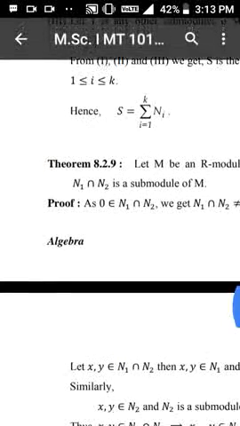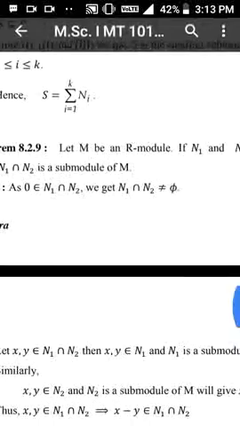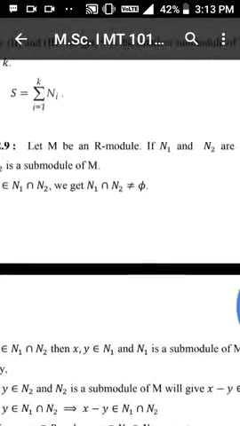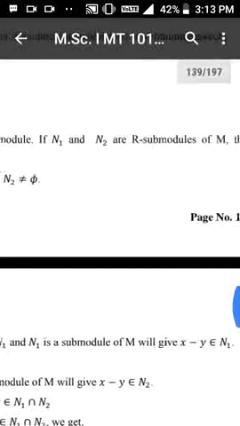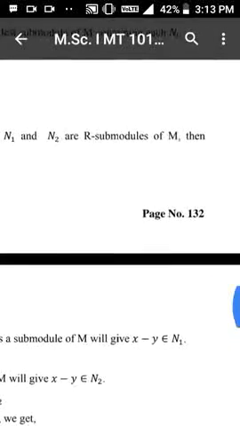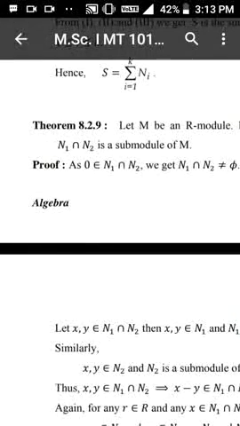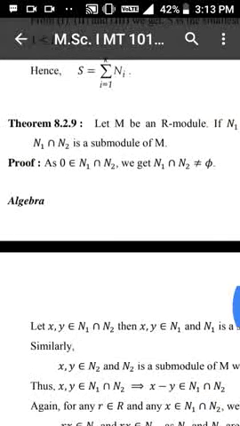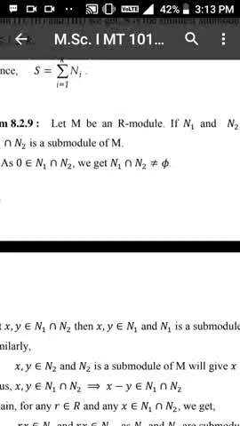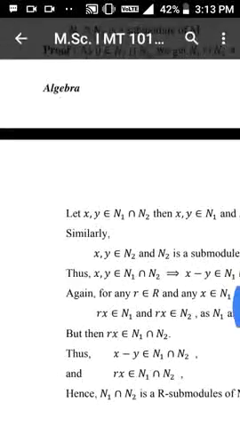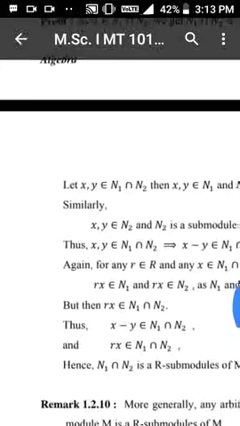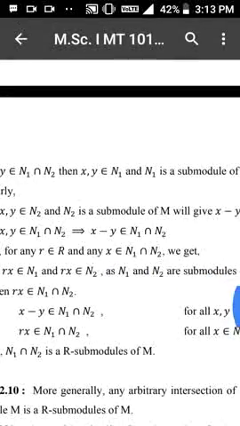Next theorem. Let M be an R-module. If N1 and N2 are submodules of M, then N1 intersection N2 is a submodule of M. As 0 belongs to N1 intersection N2, we get N1 intersection N2 is not equal to the empty set. Let x, y belong to N1 intersection N2.